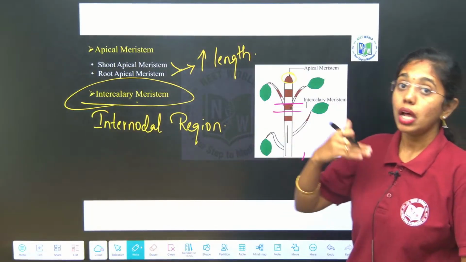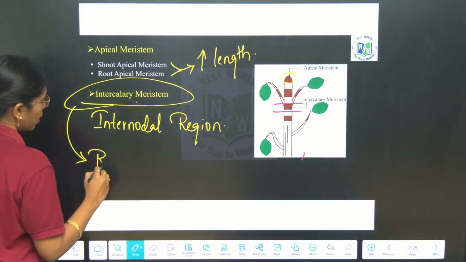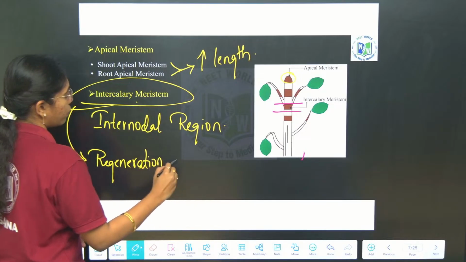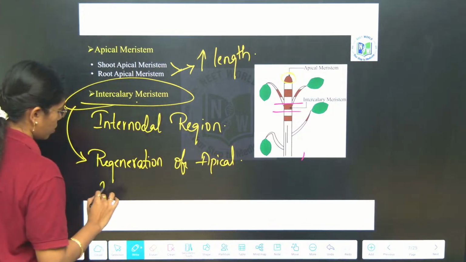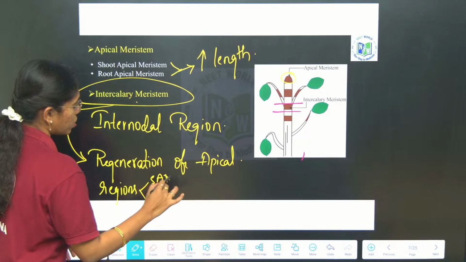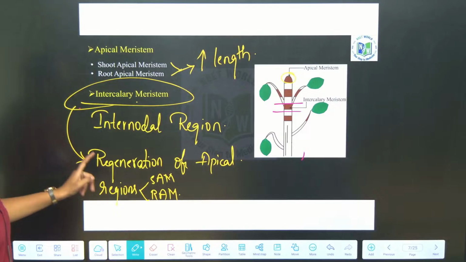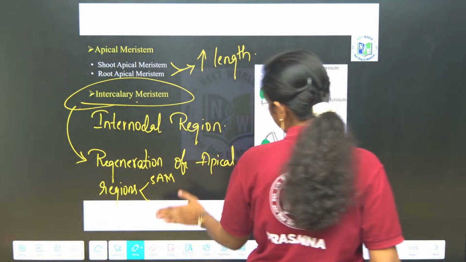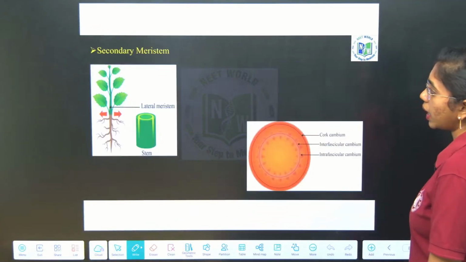Intercalary meristem will help in regeneration of apical regions, be it shoot apical meristem or root apical meristem. Clear, right? Intercalary meristems will help to regenerate the apical regions. Okay, mostly shoot apical meristems which are eaten by grazing herbivores. Clear, right? This is about apical and intercalary meristems.